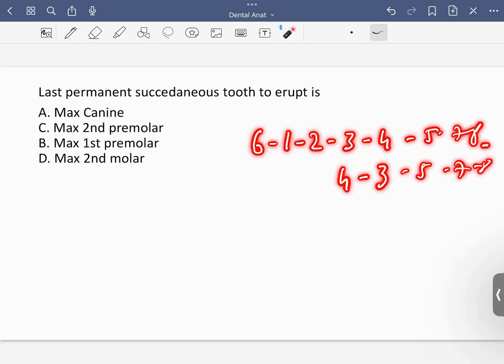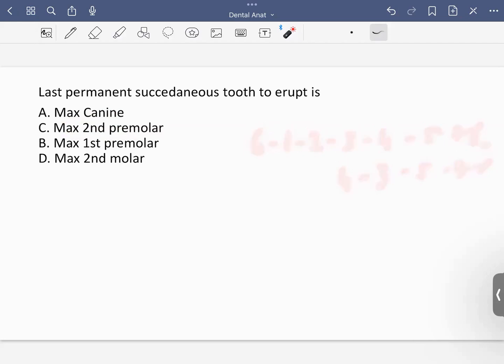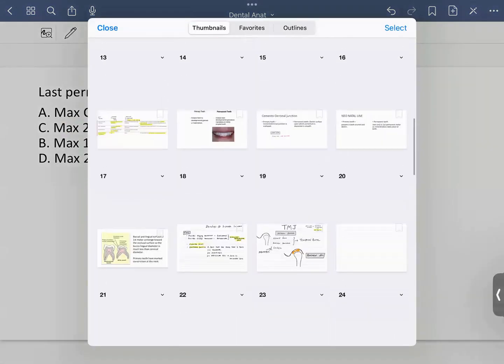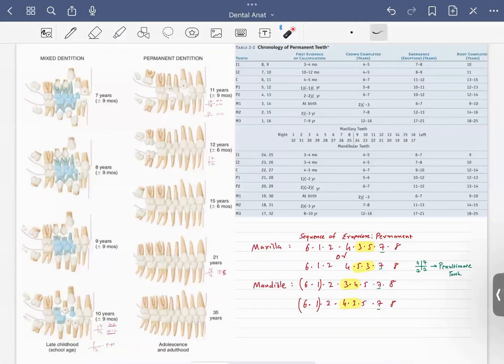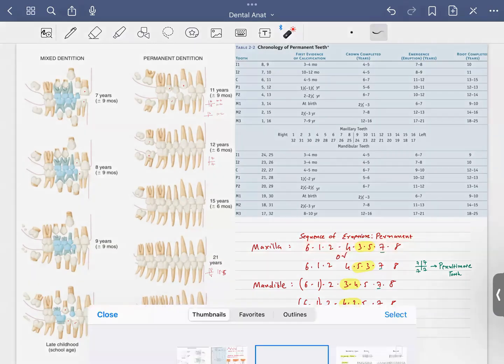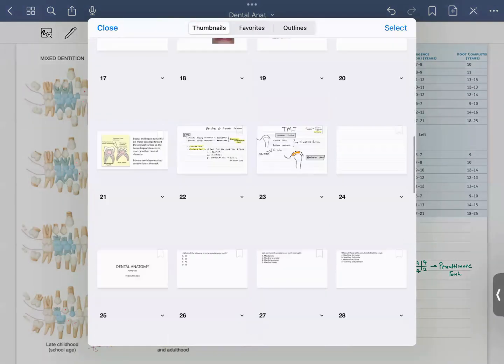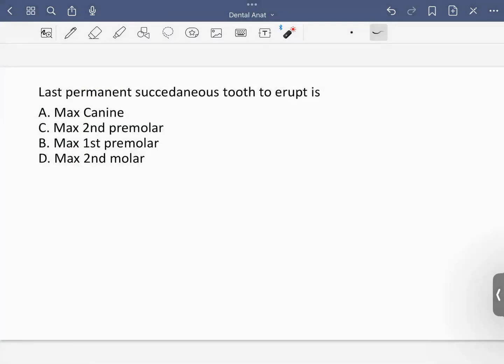Am I correct? Yes. That is mandible. Maxillary is 3 and 5, mandible is 4, 3, 5, or 4, 5, 3. But among these, what is more common? I told you, first one: 612 435 78. So 435 78 is the most common sequence that we are following.